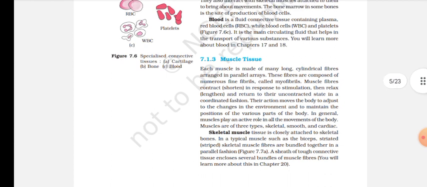7.1.3 Muscle tissue. Each muscle is made up of many long cylindrical fibers arranged in parallel arrays. These fibers are composed of numerous fine fibrils called myofibrils. Muscle fibers contract, shorten in response to stimulation, then relax, lengthen, and return to their uncontracted state in a coordinated fashion.